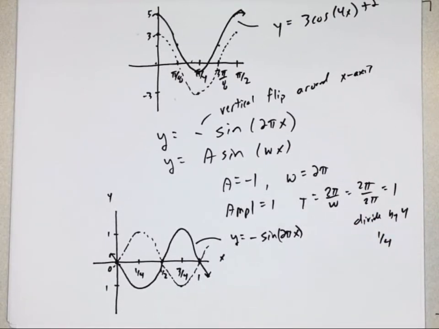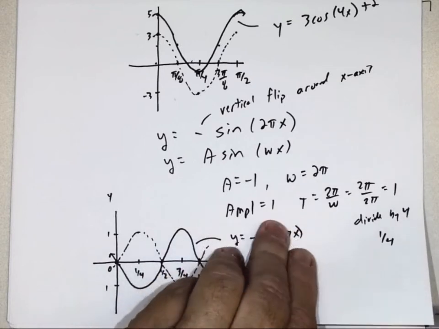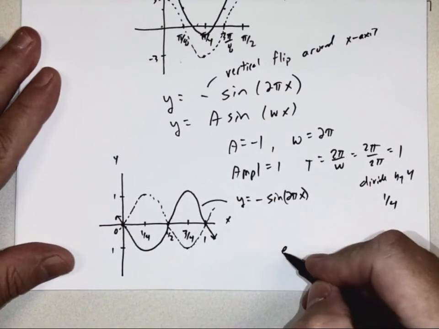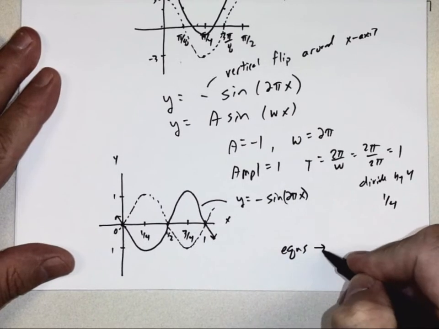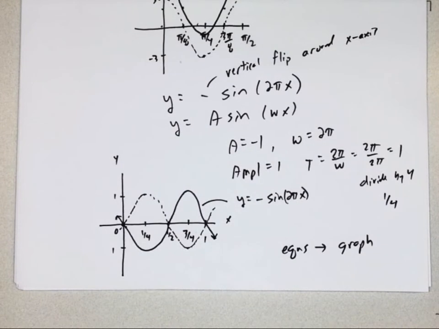Now the last thing I want to do, and this will hopefully go fairly quickly, is also on the homework and on the quiz. Everything I've done so far is taking equations of these trig functions and graphing them. And by the way, I have focused solely on sine and cosine.